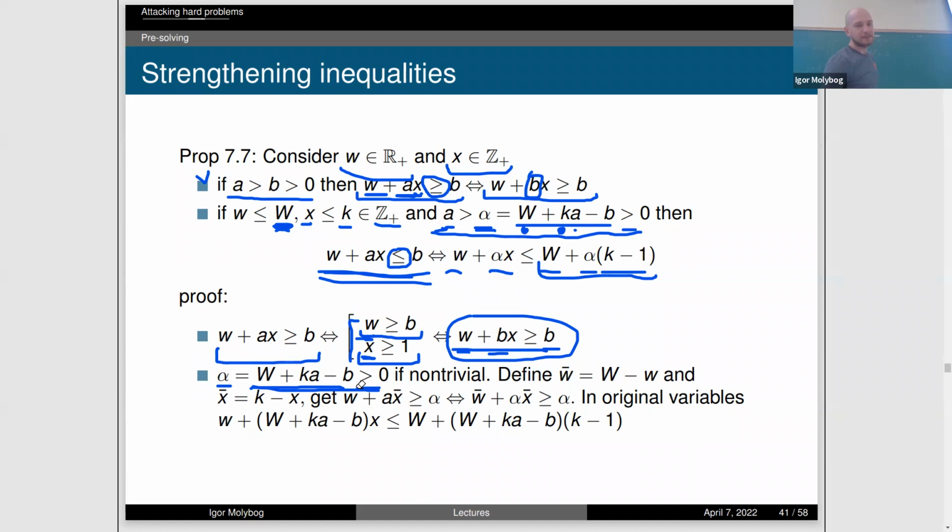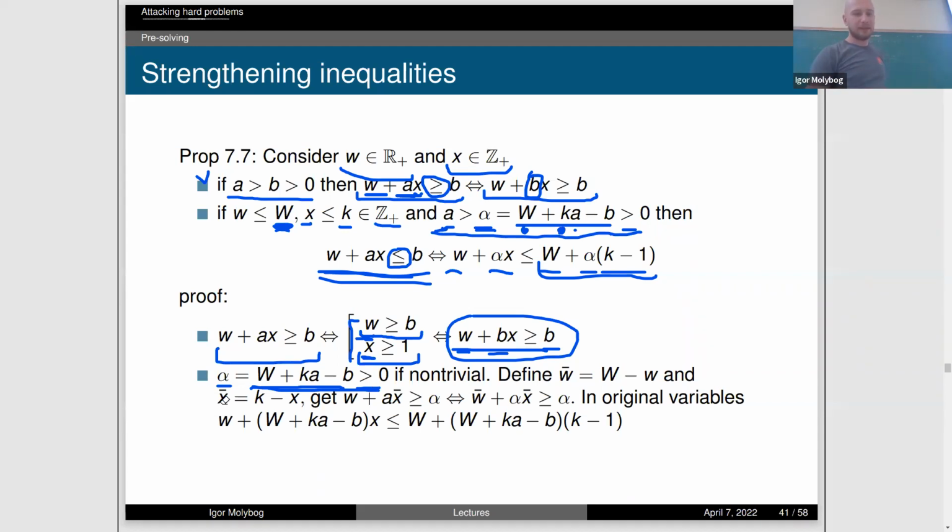Saying that alpha is less than 0 is equivalent to saying that this thing is less than b. And if this thing is less than b, then it's not clear why we would consider this inequality at all, because it would be a trivial inequality that would hold for all values of w and x. So we wouldn't be thinking about this problem at all.